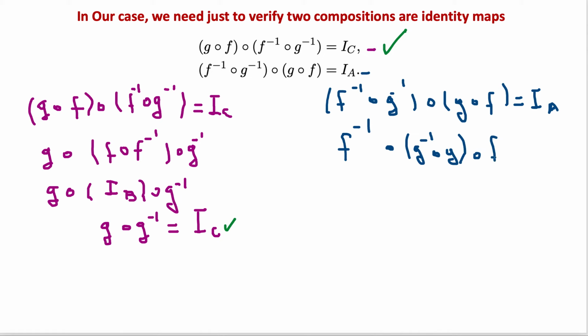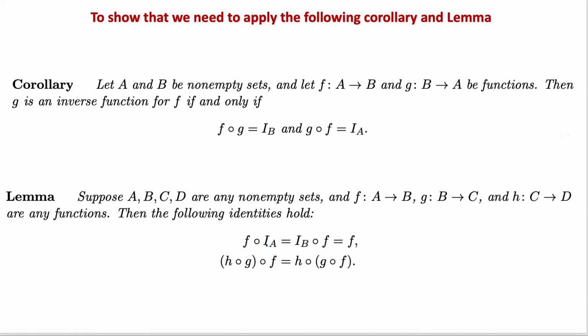So here we are applying the elements of the lemma. Let me write this: the inverse function of f, and the composition g, inverse function of g and composition of g, according to the corollary, is equal to the identity.